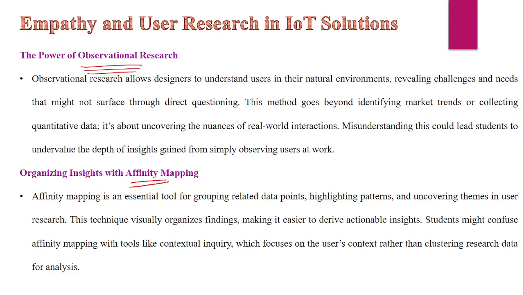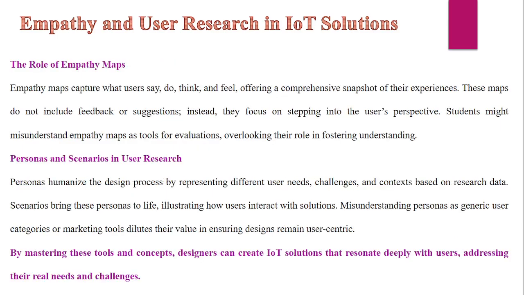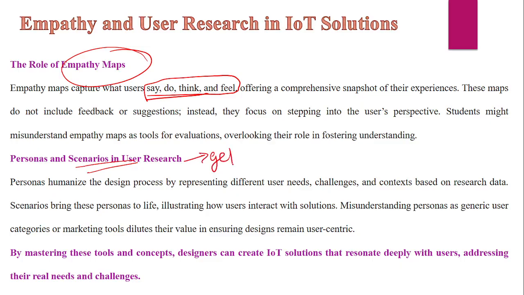Affinity mapping means taking the data points, highlighting patterns, and uncovering themes in the user research. And the role of empathy maps, how the empathy map links say, do, think, and feel, and personas and scenarios in research. So how to perform the research to get the data, covering user needs, challenges, and contexts.